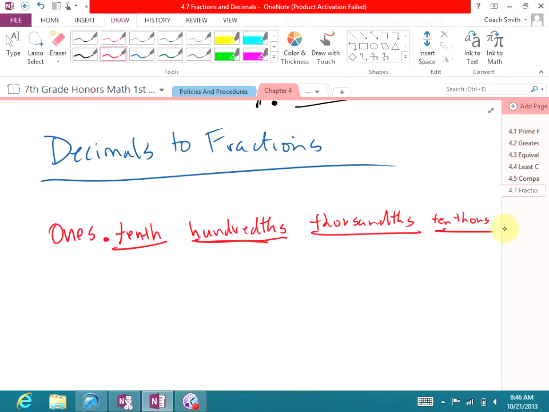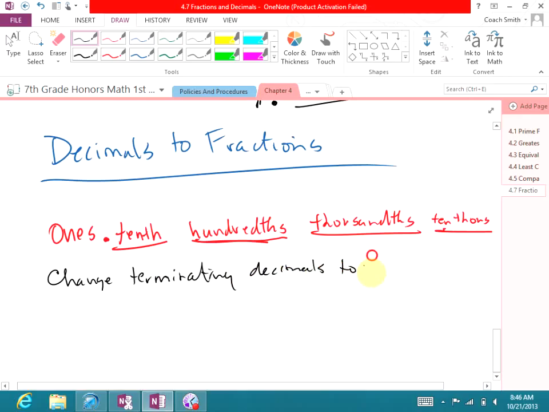Okay, and obviously hundred-thousandths, millionths. Okay, you can keep going further and further. Now, what we are going to learn today is we are going to change terminating decimals to fractions.